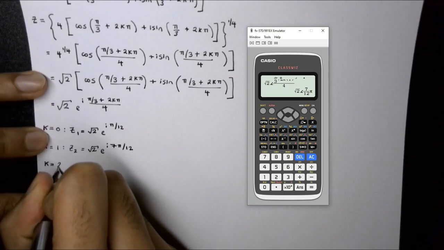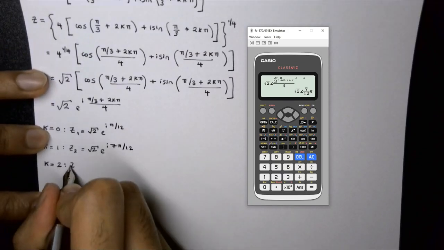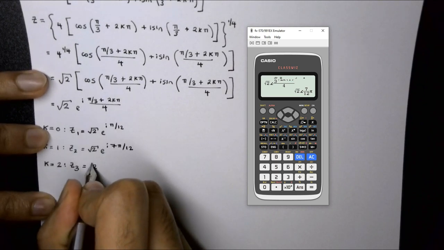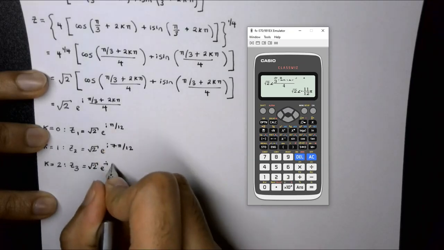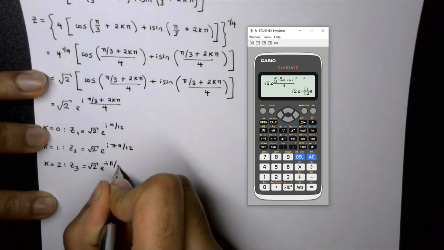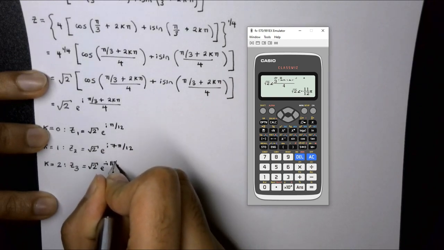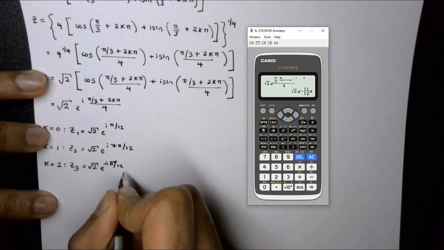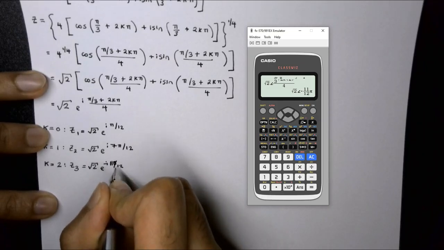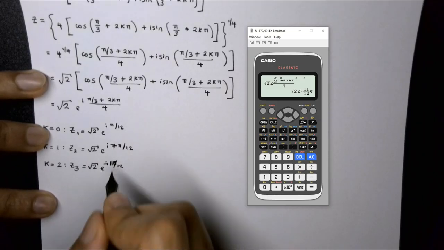When k is equal to 2, z3 is equal to root 2 e to the i lots of, so if we work this out, let's just change this to a 2. We end up with minus 11 over 12 pi. Okay? So why is this particularly alarming?